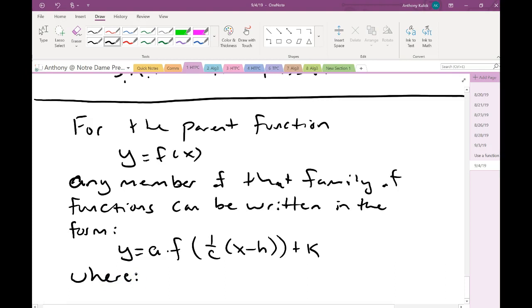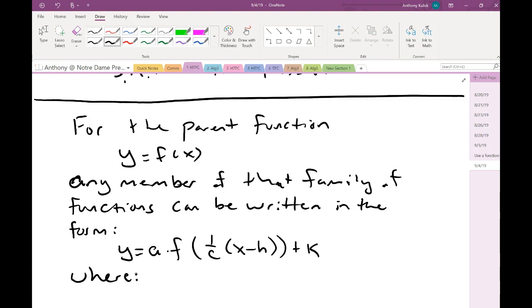So what we're going to say here is for any parent function, y equals f of x, any member of that family of functions can be written in the form y equals a times f of 1 over c times x minus h, plus k, where, and then I'm going to give some specifications for what each of these coefficients do.